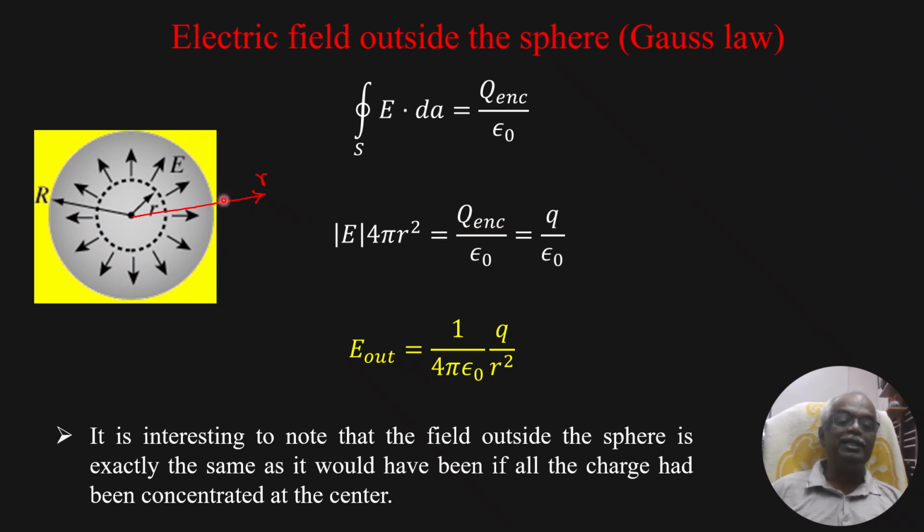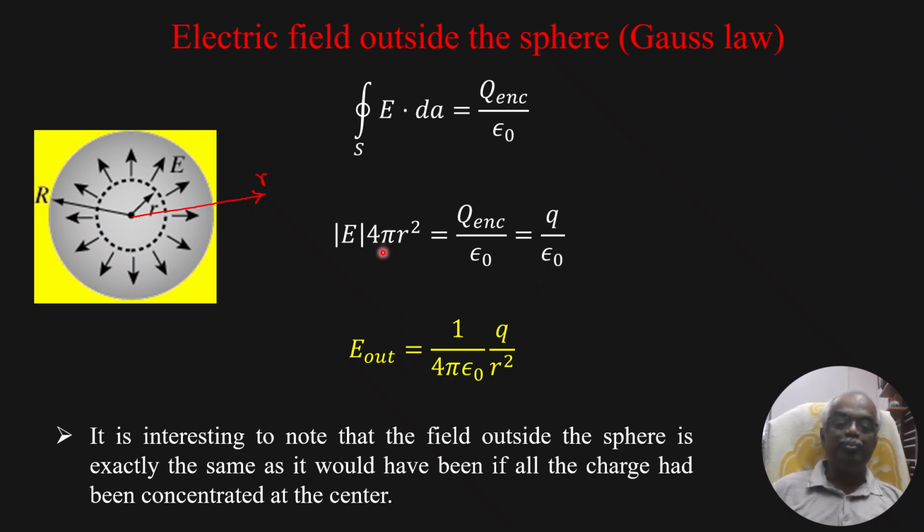Remember that at distance r, the entire charge of the sphere is contained within the Gaussian surface, because we are taking a Gaussian surface of radius small r outside this charged sphere. So the charge enclosed is the total charge Q over epsilon naught.